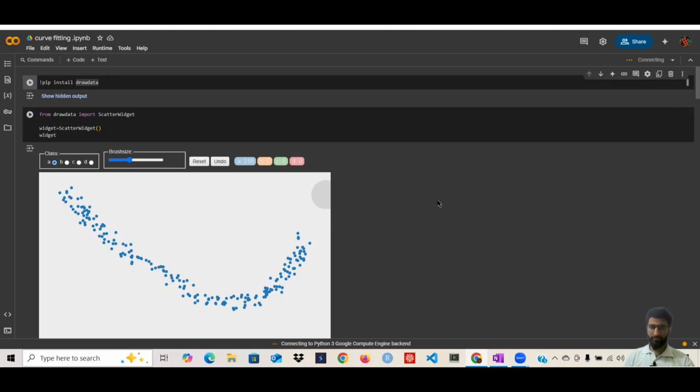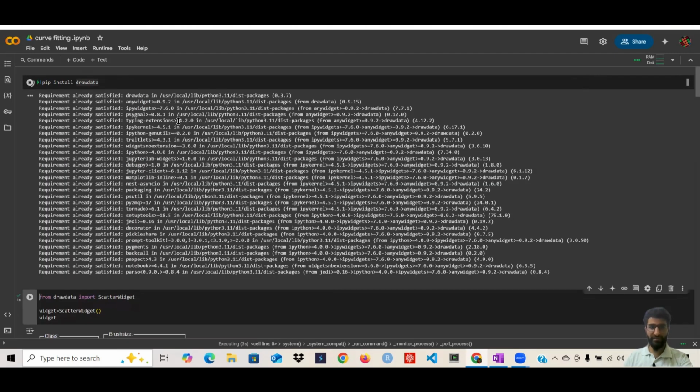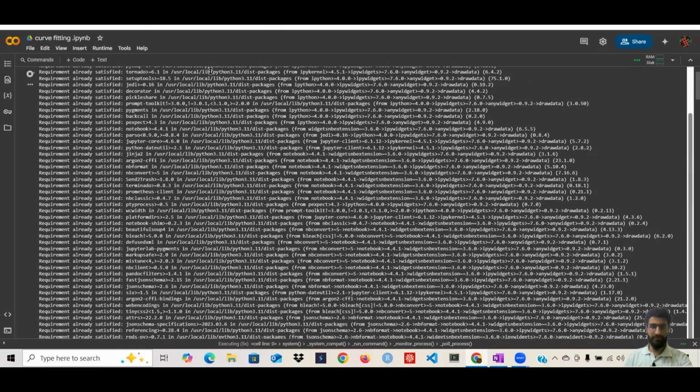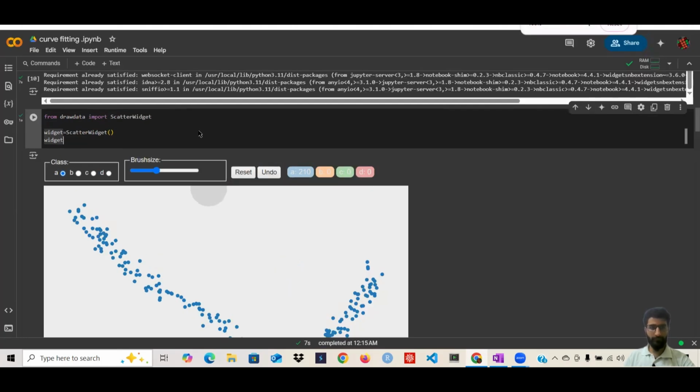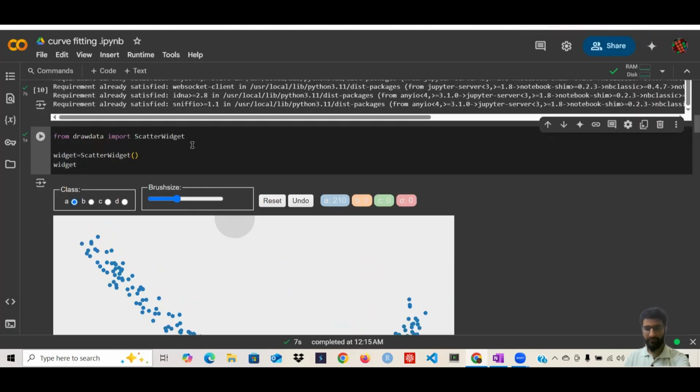We are trying to do the curve fitting over simulated data. I have a library called draw data with me. With that, I will try to simulate some data and make models that will fit to that data. So I'm calling my library.